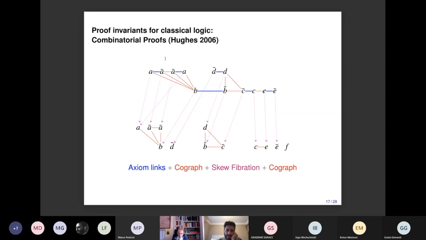But this is another story. So the point here is that we have a notion of proof invariance for classical logic, which can be given by these combinatorial proofs, which is another graphical syntax, which extends in some sense the syntax of proof nets and allows us to recover the full classical logic.